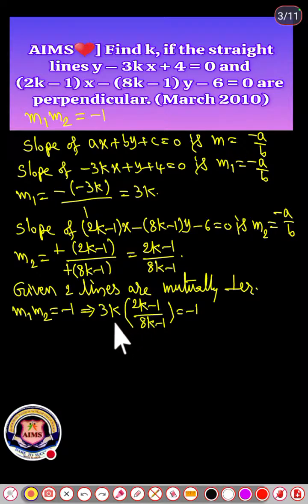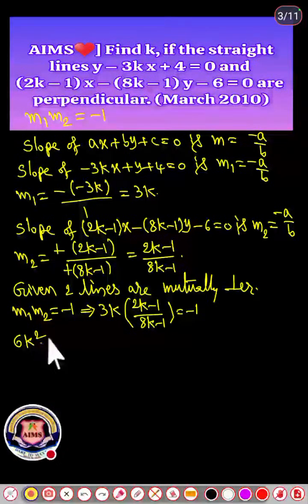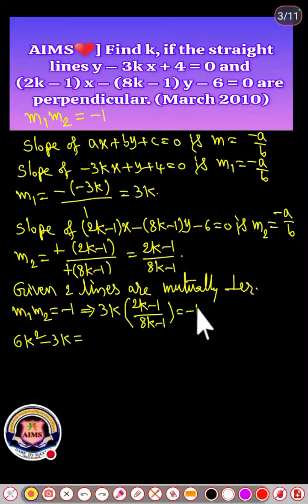So then cross multiply, my dears, 3k multiply numerator: 3 into 2 is 6k into k is 6k square, minus 3k into 1 is 3k, equal to 8k minus 1 multiply with minus 1 we get minus 8k, minus into minus plus 1. All right side values are going to left side.